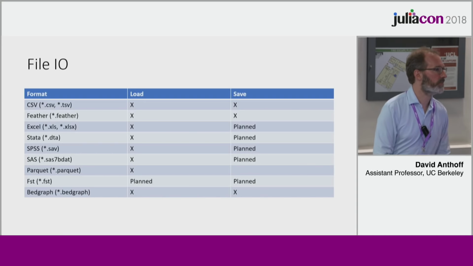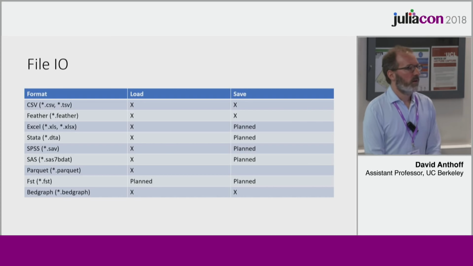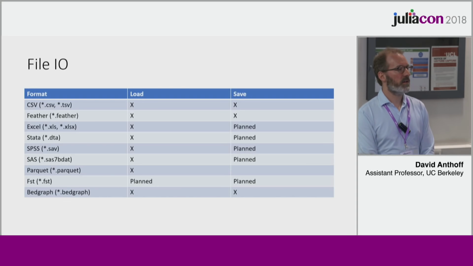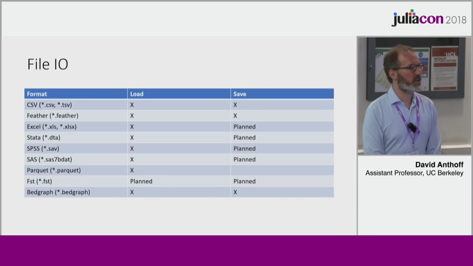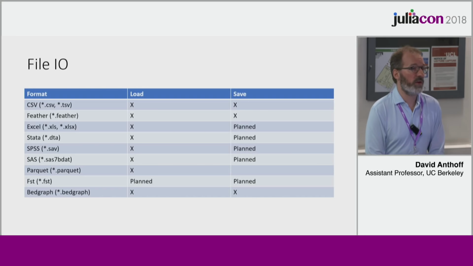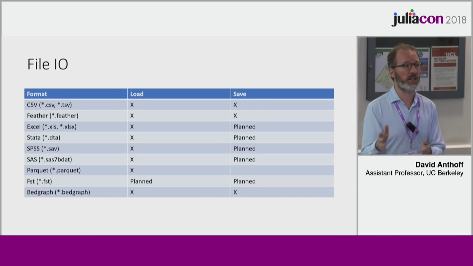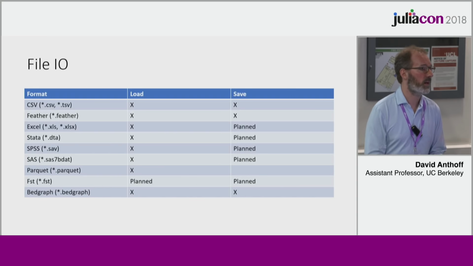Yes, Scott has a question. Would you then recommend using the Feather format if you're wanting to save and load your data using Queryverse? If you have data that you created yourself, performance things. So what would I recommend of these? Probably Feather is a good format if you want to save something on disk for a couple of days and then go back to it. Yeah, that's probably the best format for that.